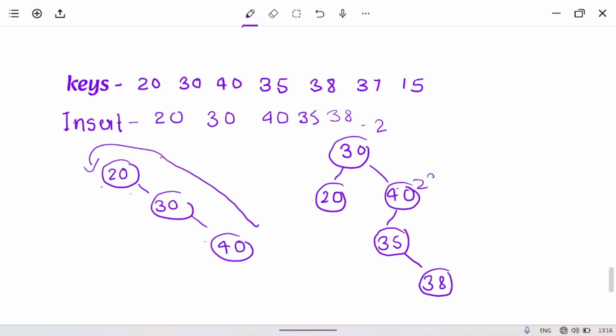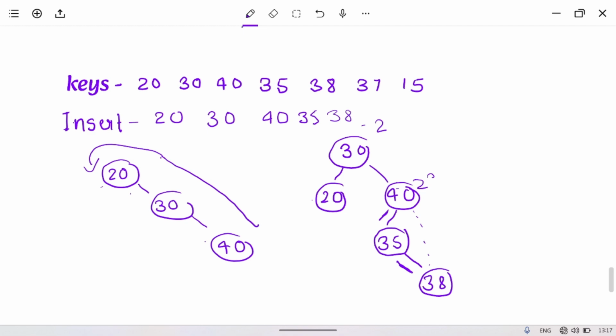We will balance 40 first, then we will see about 30. So this is left and this is right, so LR rotation. In LR rotation, as I taught you, for a shortcut, this will take this place and this will be on the right.